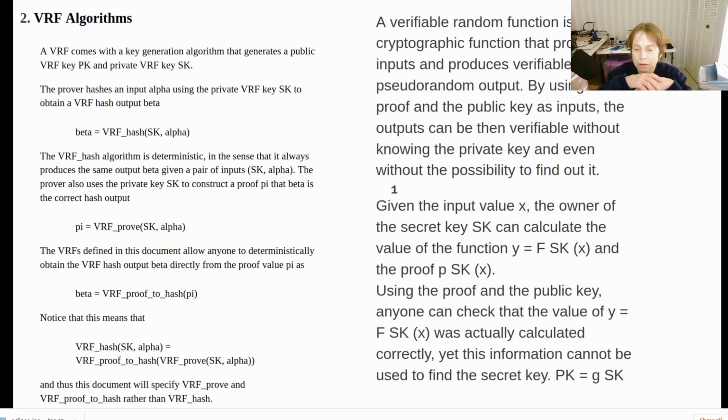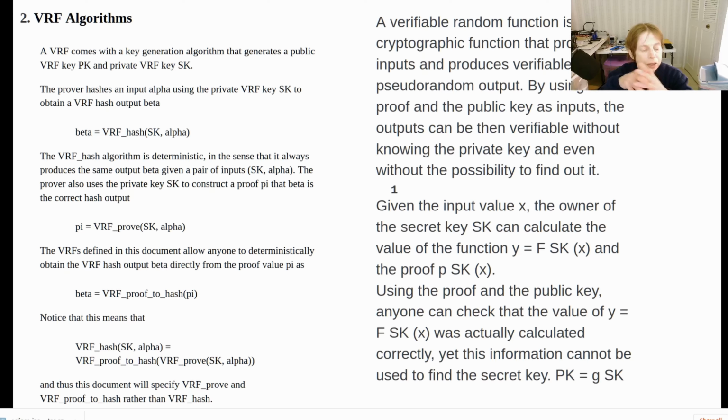Note what they say here. You can always check it because you're going to have beta and you're going to have pi. Once you're given pi and beta, beta equals the proof to hash.